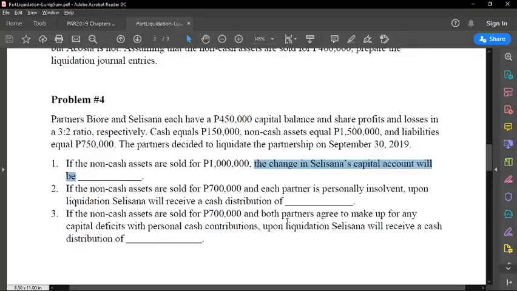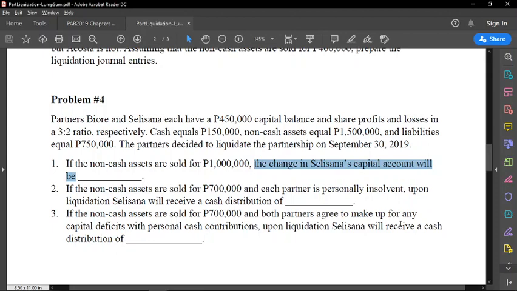So let's proceed to assumption number 2. If the non-cash assets are sold for 700,000 and each partner is personally insolvent, meaning if a partner has a negative capital balance, I'm so sorry, but he cannot give an additional investment. So what will happen, ma'am?